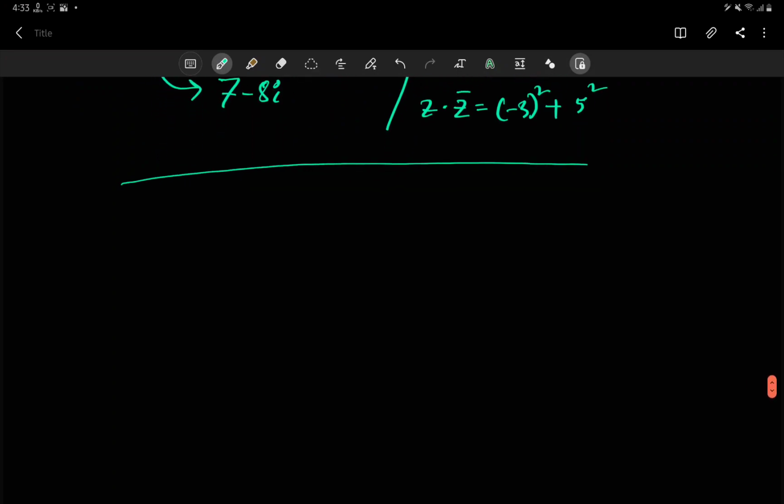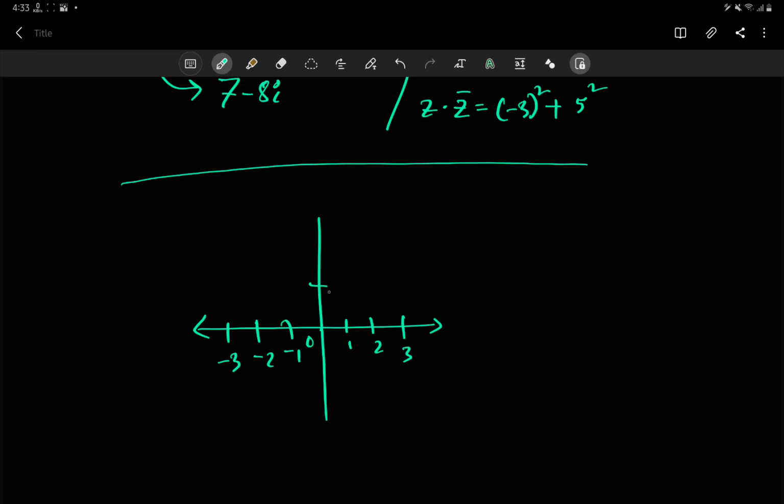So I'm going to bring out the z-plane diagram again. So we had 0 here, 1 here, 2 here, 3 here, -1, -2, -3. We have i, we have twice i, we have minus twice i and stuff, right?